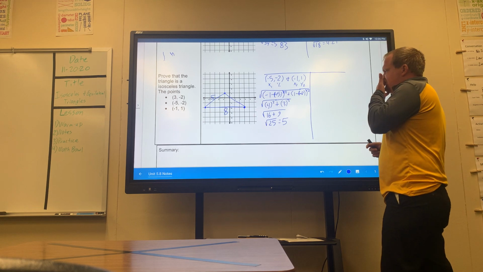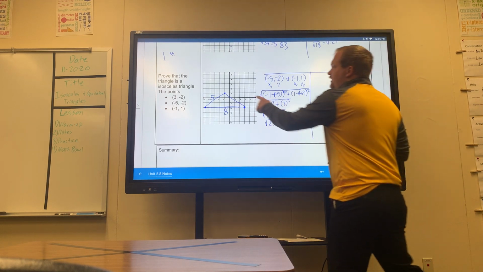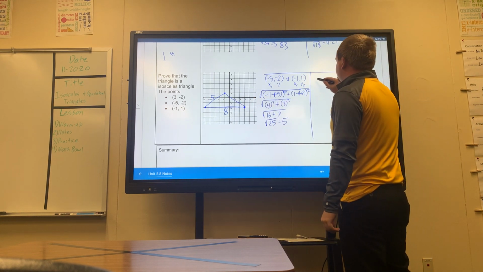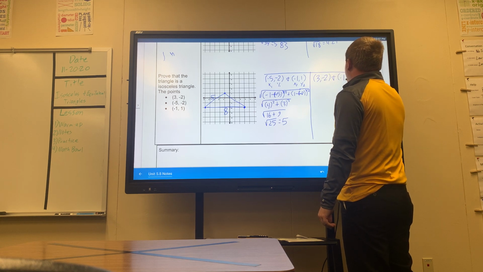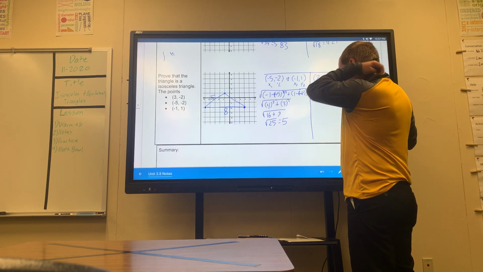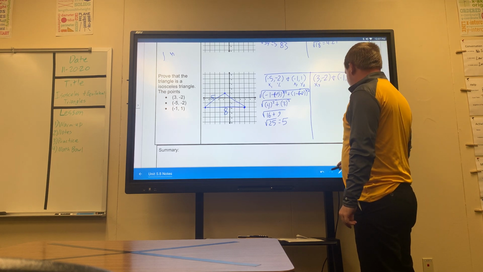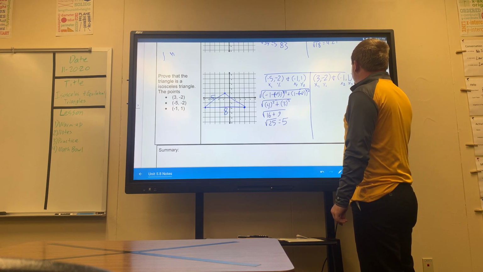So that means, since I'm looking for an isosceles triangle, this length has to be 5 as well. So I want to be able to prove that. So 3, negative 2, and negative 1, 1. I'm going to label it x1, y1, x2, y2.